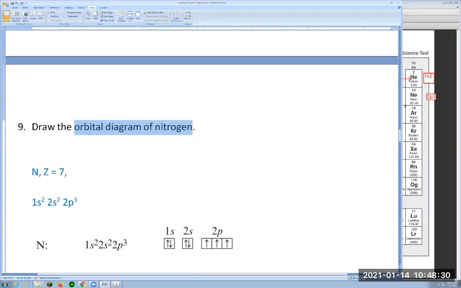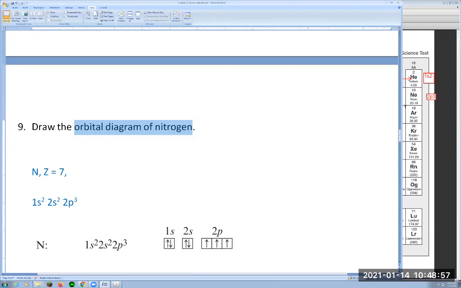That's 4 electrons. Then you draw 3 boxes together. They have to be together because there are 3 p orbitals in a p subshell. So you draw those 3 p orbitals next to each other, and you will fill them one at a time with 1 electron first. So that means you place 1 arrow up in the first box, another arrow up in the second box, and then a third arrow up in the third box.